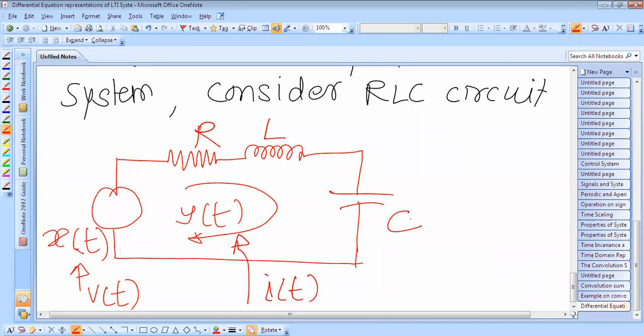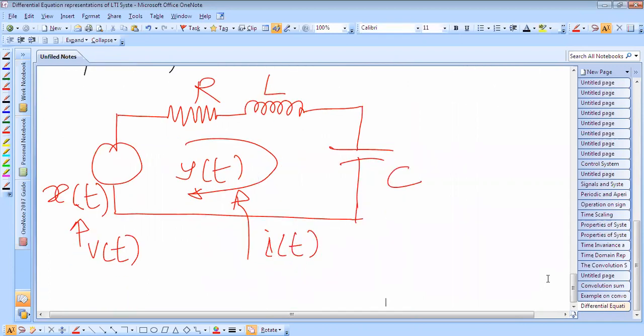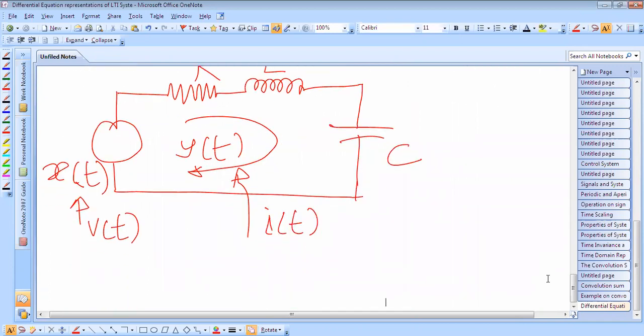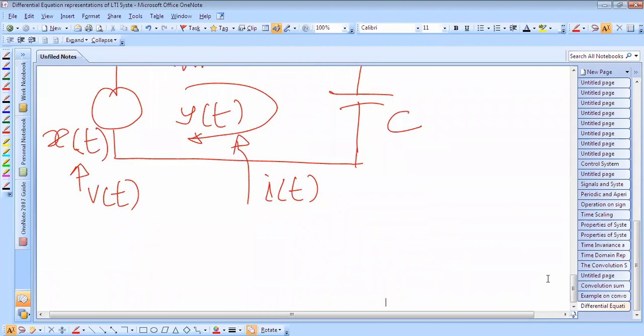Suppose the input is the voltage source x of t, and the output is the current around the loop, y of t. Then, summing the voltage drops around the loop, we have to apply Kirchhoff's voltage law.